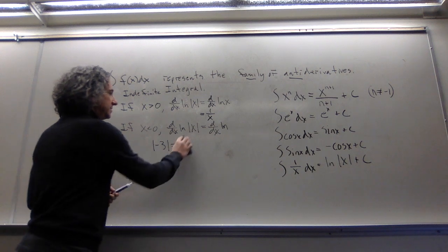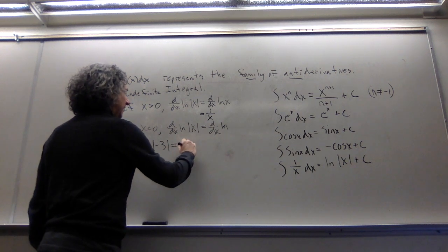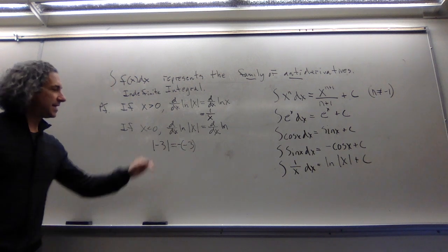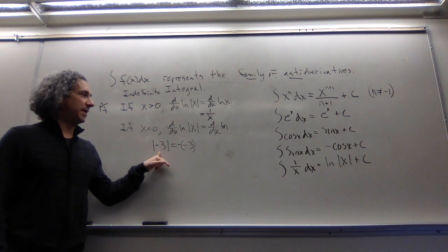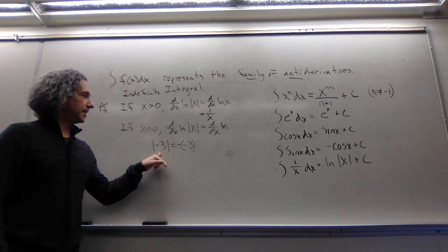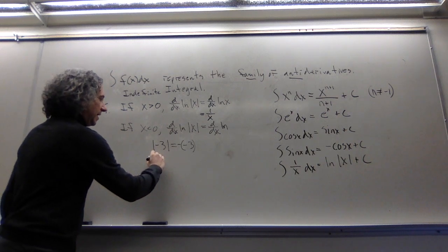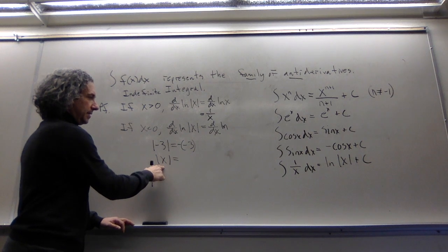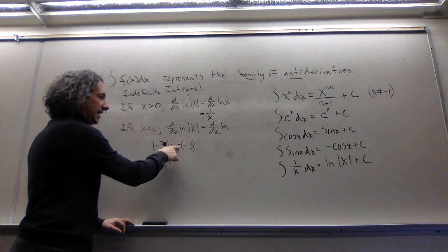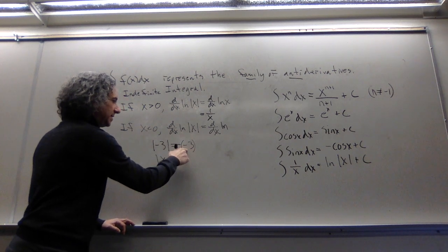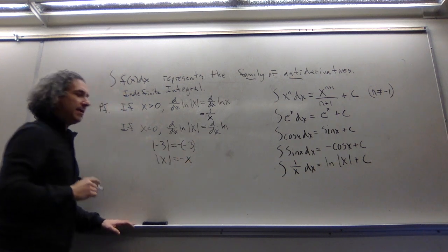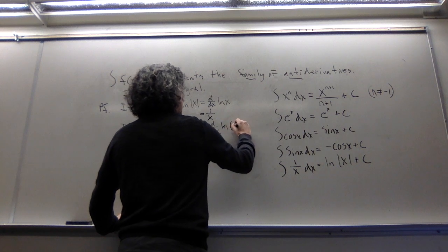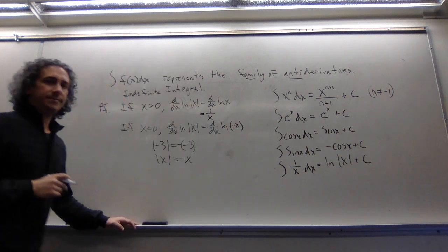And the answer is, I'm taking that -3 and I'm multiplying it by -1. I'm taking the opposite of that. That's the mathematical operation. So if x happens to be a negative number, then the absolute value of it is going to be the opposite of that number. It's going to be the natural log of -x.